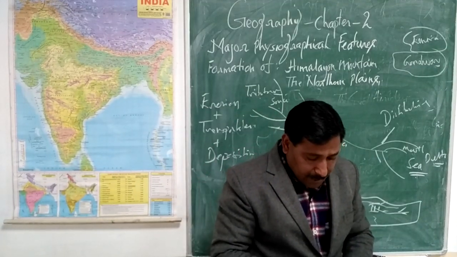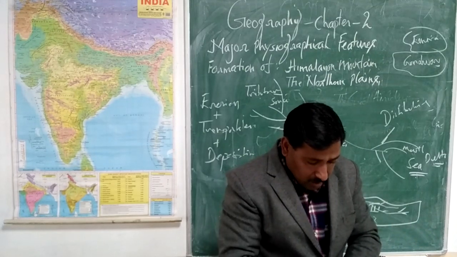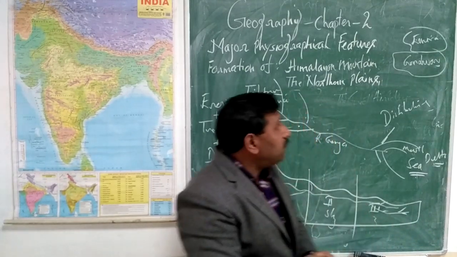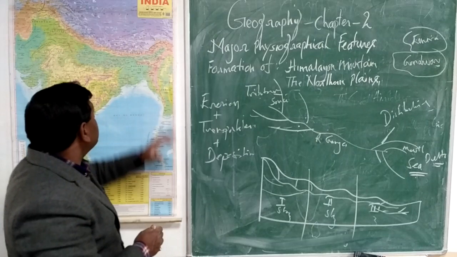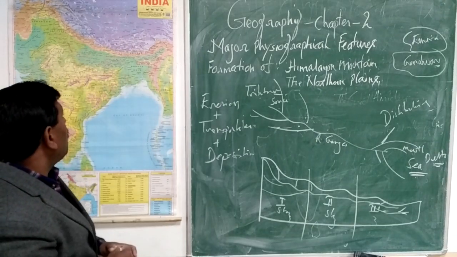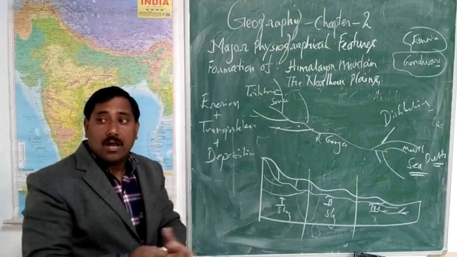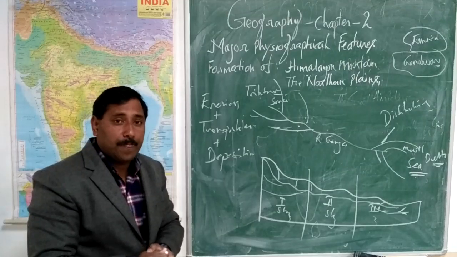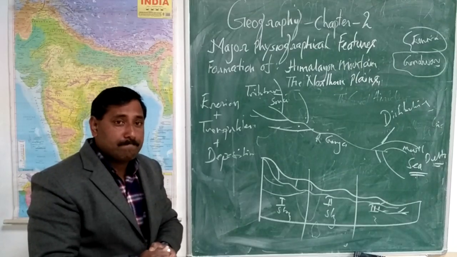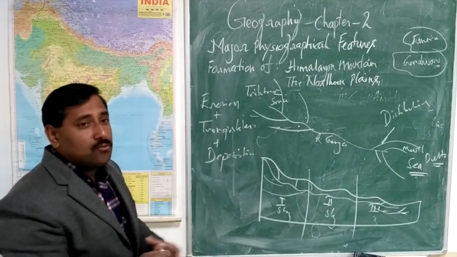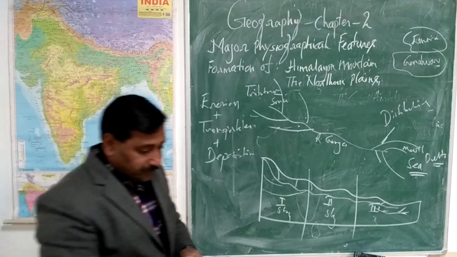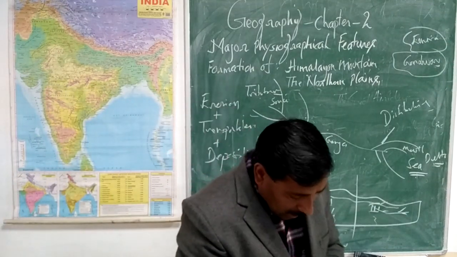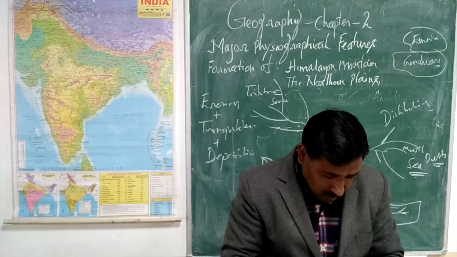Now, while flowing through different regions, these rivers make doabs and dunes, like we have Dehradun, Kotla Dune, and many more.